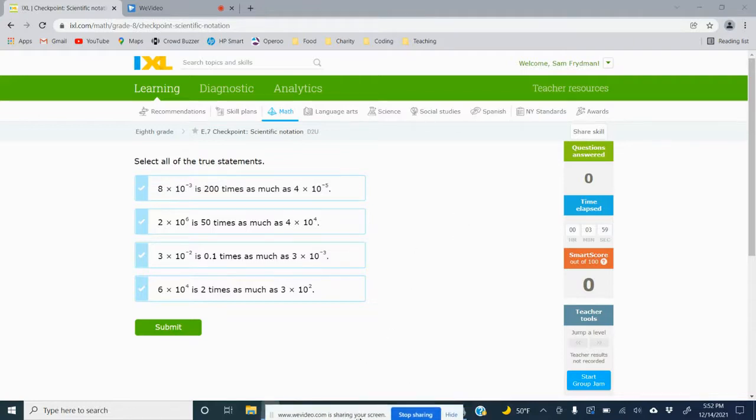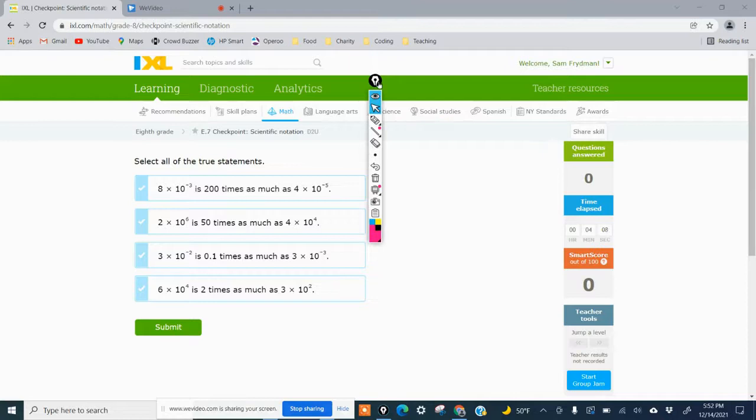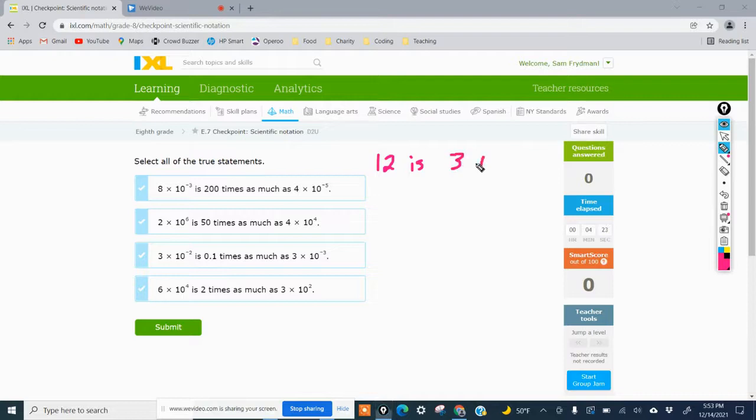Well, let me start this off by doing another example using easier numbers, because sometimes just looking at the scientific notation is confusing. So what if I asked you to tell me if this was a true statement? 12 is 3 times as much as 4.